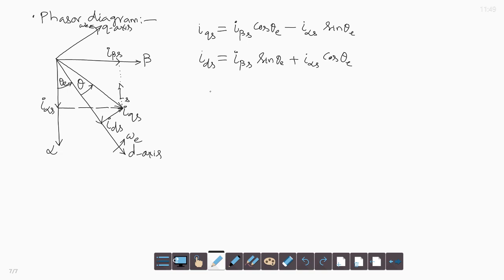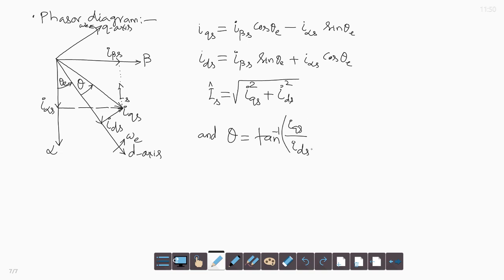So, the stator current I s is the square root of I q s square plus I d s square, and current angle theta with respect to d axis is tan inverse of I q s by I d s.